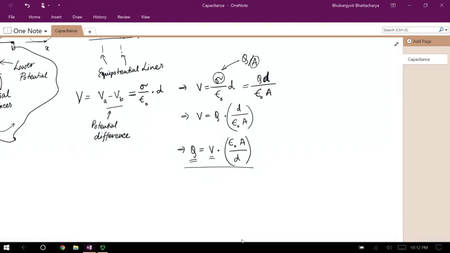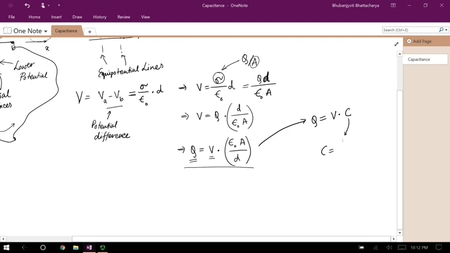So capacitance is really the measure of how much charge a circuit component can hold, and it is the amount of charge that you have to deposit into a circuit component to increase its potential difference across its ends by 1 unit.